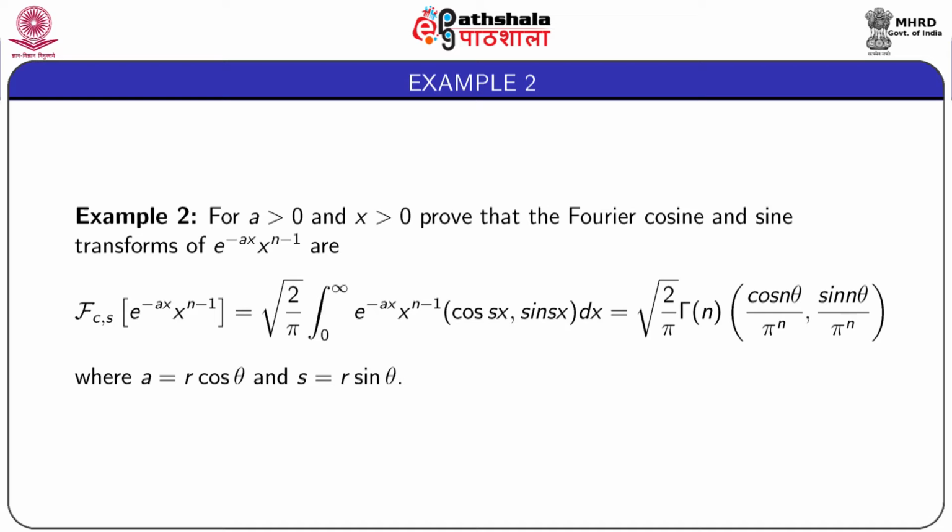We write it together, and that will be equal to root over 2 by pi into integral 0 to infinity e to the power minus ax x to the power n minus 1 into cos sx or sin sx dx, and that gives the result root over 2 by pi gamma n cos n theta by pi n or sin n theta by pi n, where a is r cos theta and s is r sin theta.